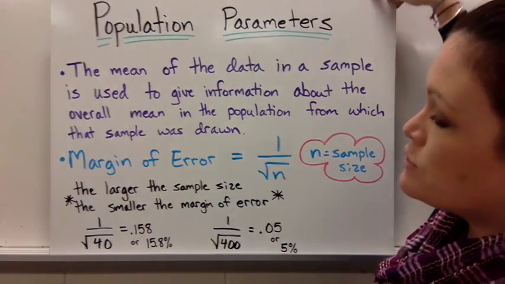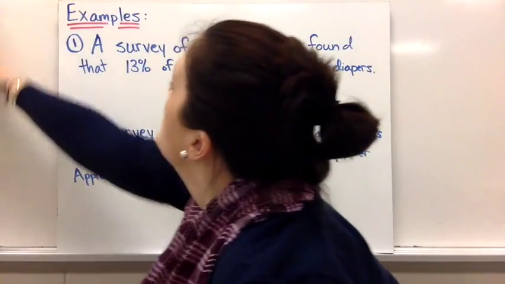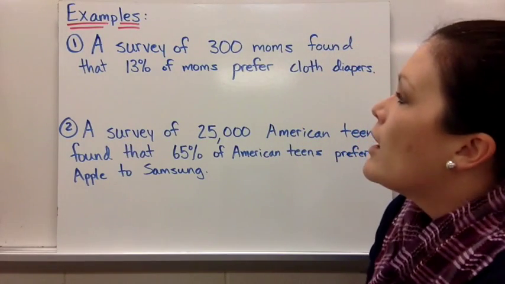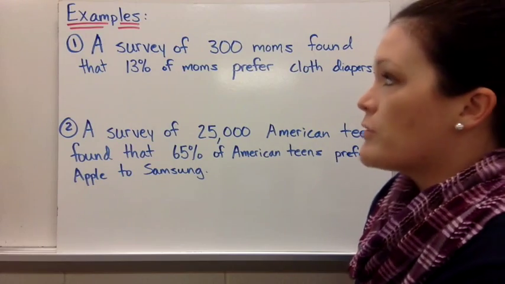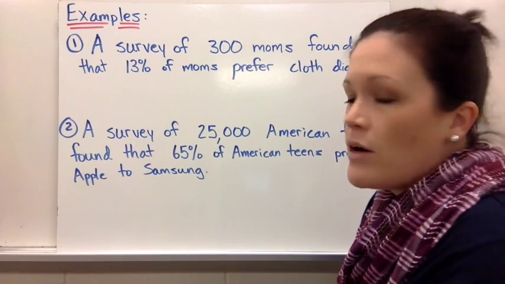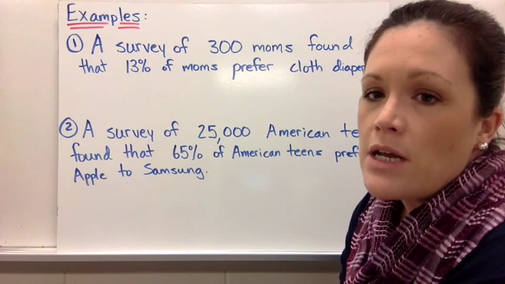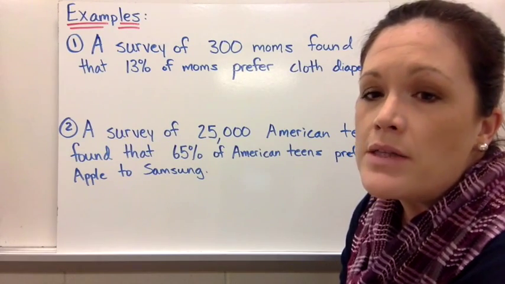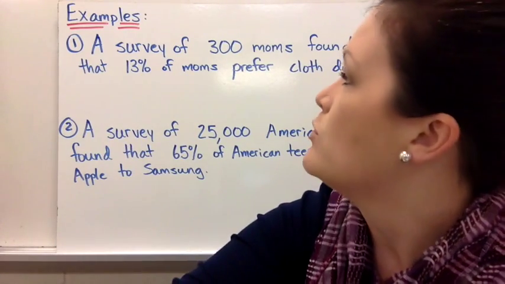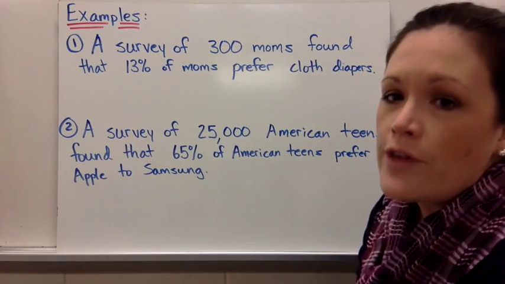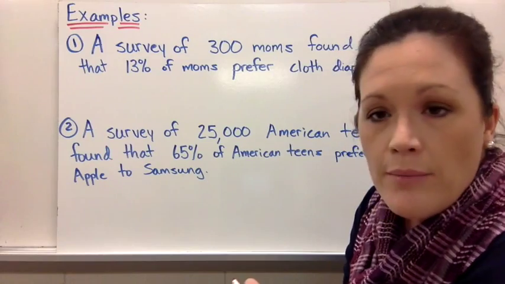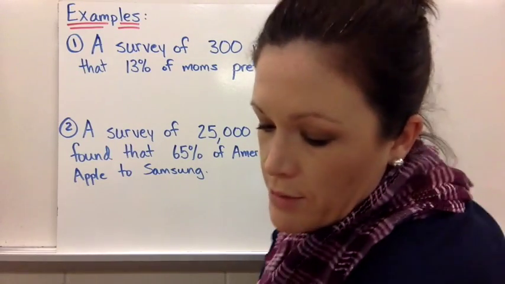Let's look at a few more examples. So these 2 are talking about if we have a survey and we have a percentage of people that prefer something, but we want to figure out our margin of error. Margin of error is kind of like how confident are we about this data? So let's look at example 1. A survey of 300 moms found that 13% of moms prefer cloth diapers. Now I just made that up, so that's not true, but we can pretend like it is.